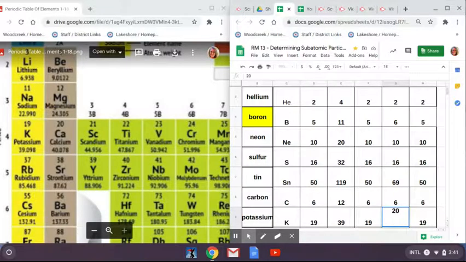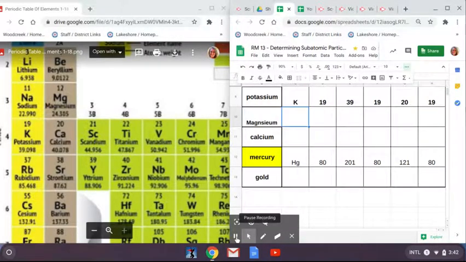Okay, what's next? All right, so magnesium is in the same area as potassium, and it's represented by a capital M and a lowercase g, and it has an atomic number of 12.